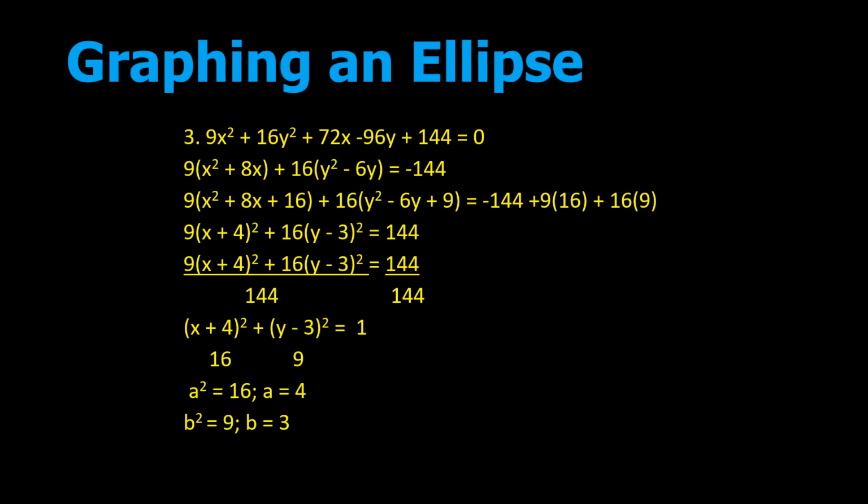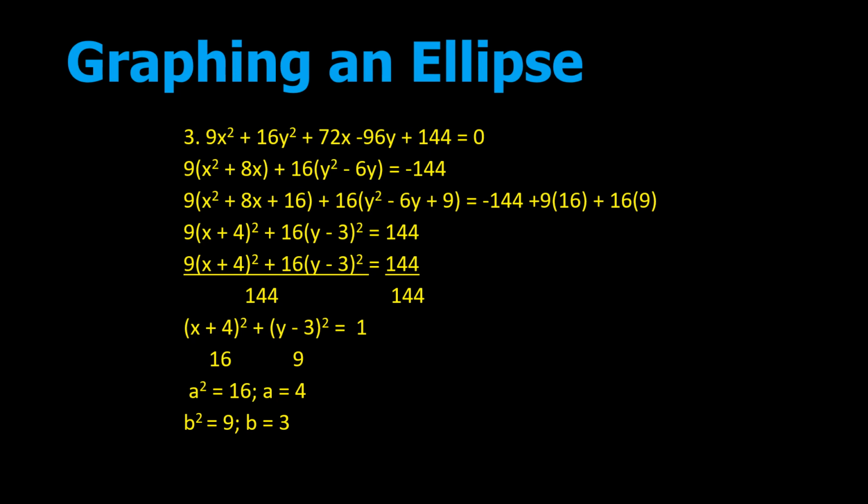We have here the third example, given 9x squared plus 16y squared plus 72x minus 96y plus 144 equals 0. So in cases the given is in its general form, then you have to transform it first into standard form.